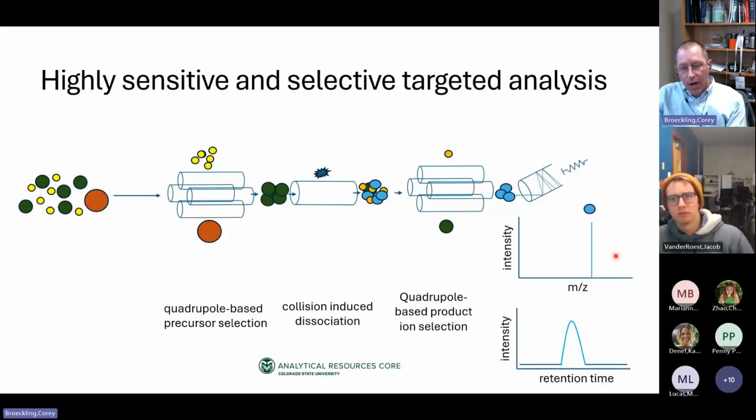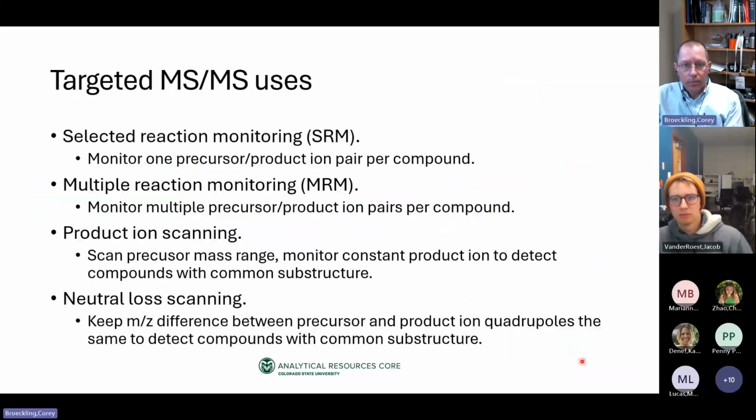In the process of using this selective detection, we do this same scan over and over again sequentially, such that we end up getting a chromatographic peak where we can monitor that product ion intensity over chromatographic time. That peak area serves as our quantitative representation of that particular signal.